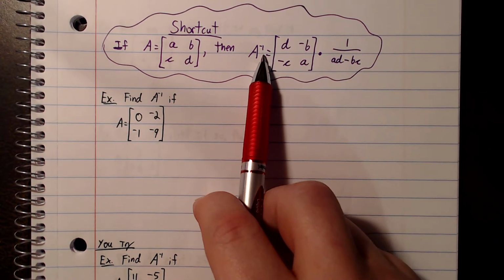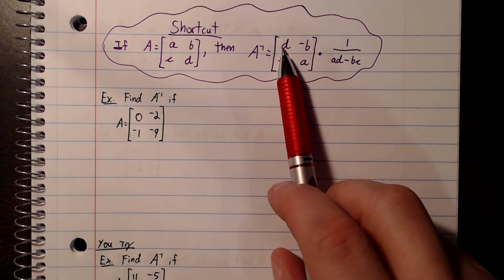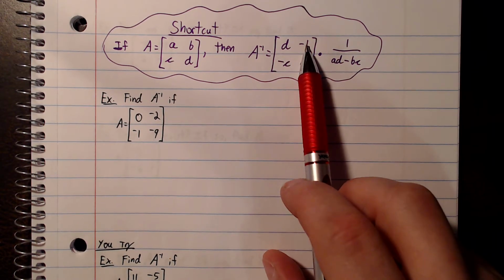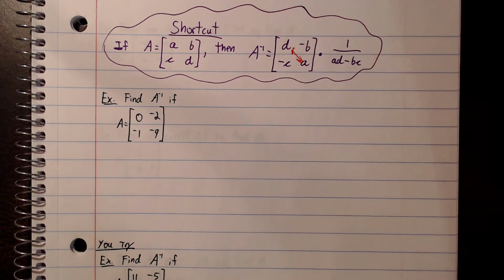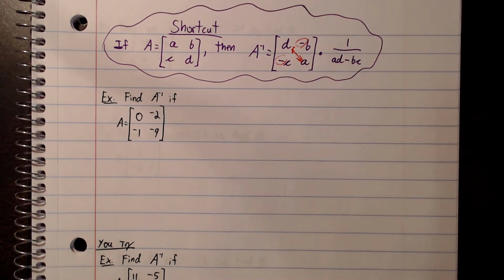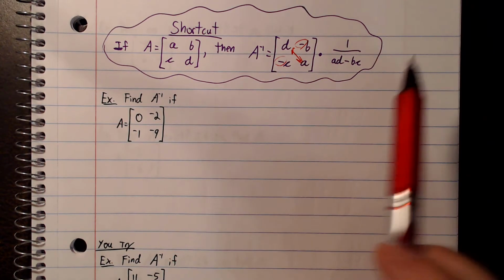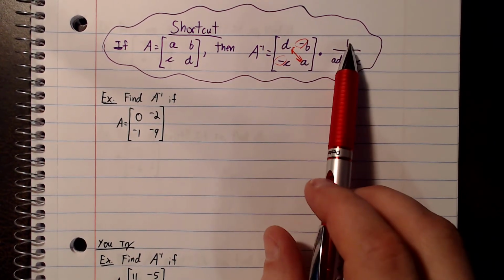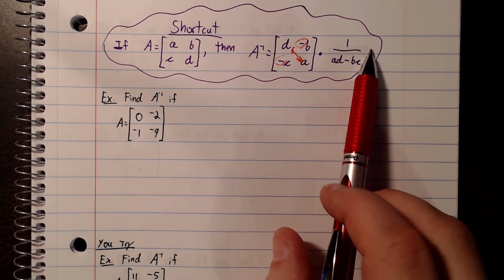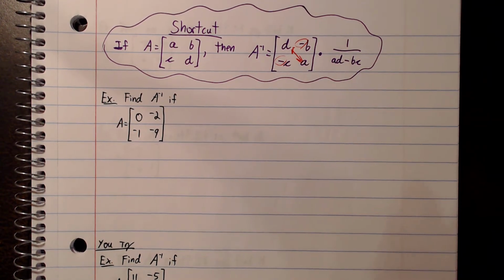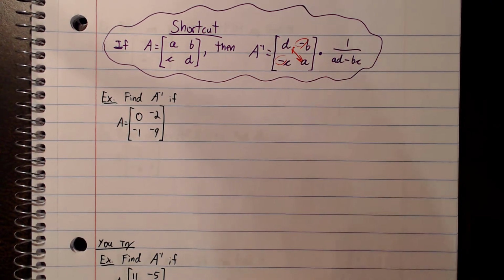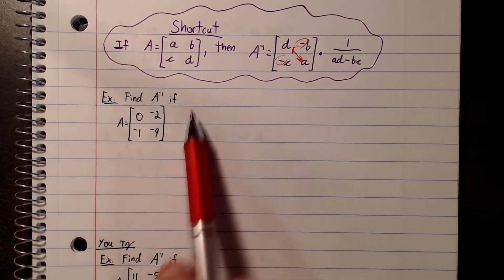A inverse is going to be equal to D, negative B, negative C, and A. So basically what happened was these two switched positions and then we changed the signs on C and B. But then we also have to multiply by this scalar, which is going to be equal to 1 divided by AD minus B times C. And that minus can sometimes throw people off, so we have to be very careful that we don't forget that that's minus.